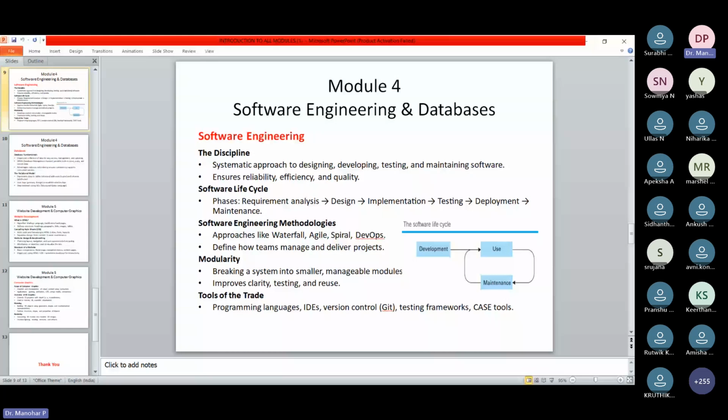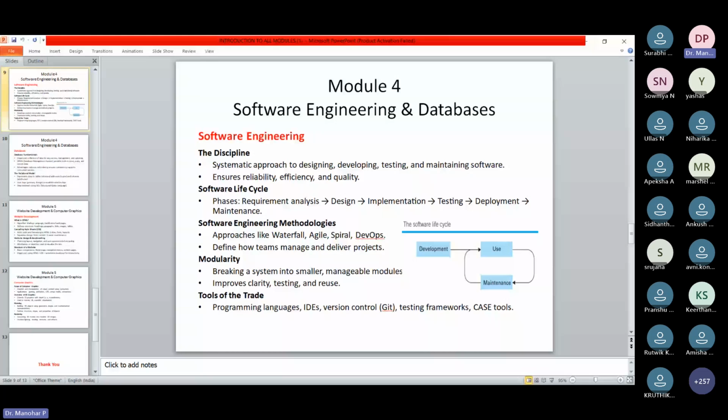There are many cycles: you design, you implement, you deploy, and you maintain the software. Software development will be studied here, along with methodologies like waterfall and agile, and the advantages of both methods will be seen here.